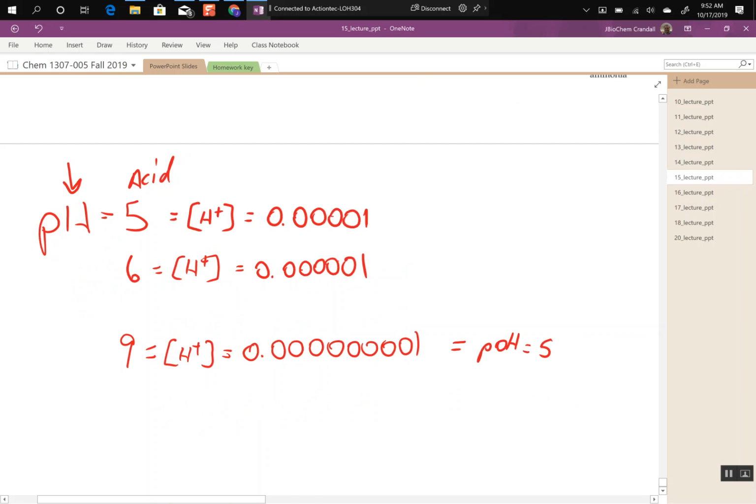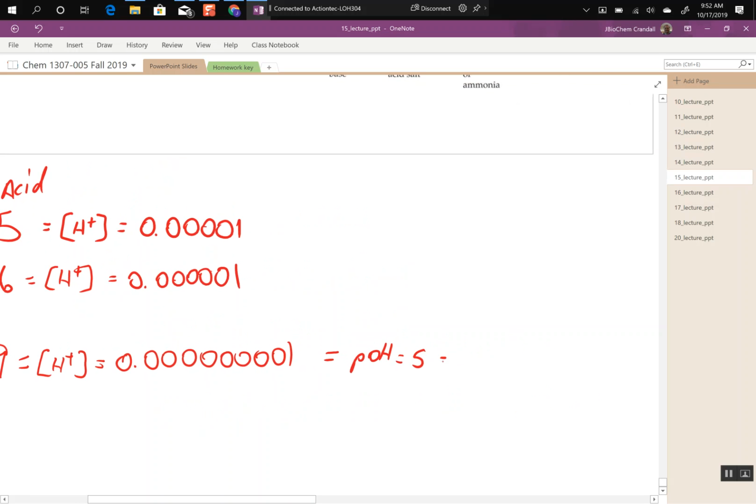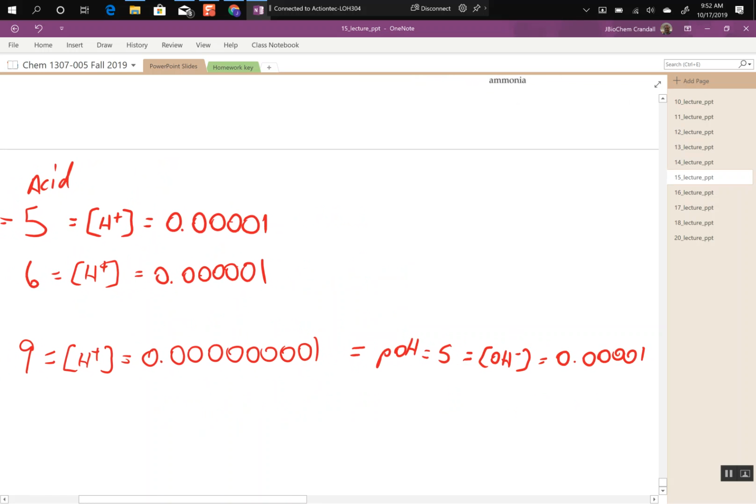And what do we know about pOH of 5? The OH minus ion concentration is equal to a small number, that's the equilibrium of a pH and a pOH. Okay? So that's what we're talking about.